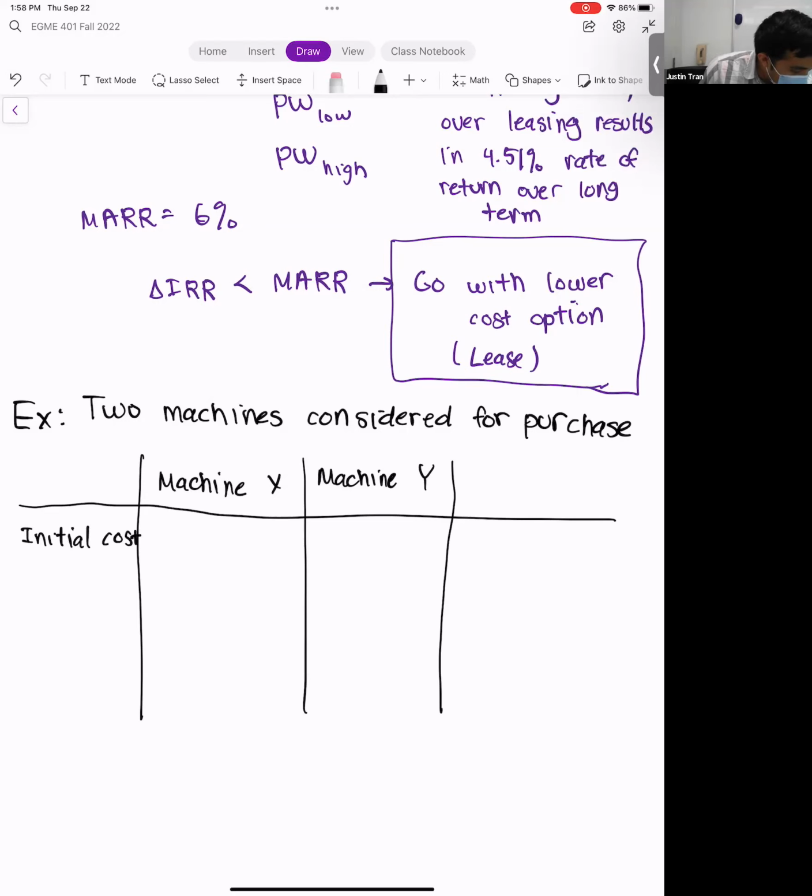All right. So both options are going to have an initial cost. Okay. Both machines are going to give you a net profit or a net benefit each month. And so we're going to model that as a uniform series of a benefit.